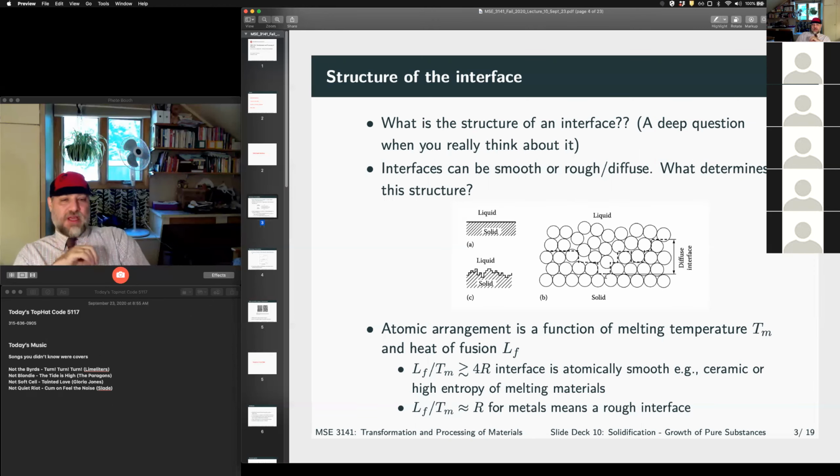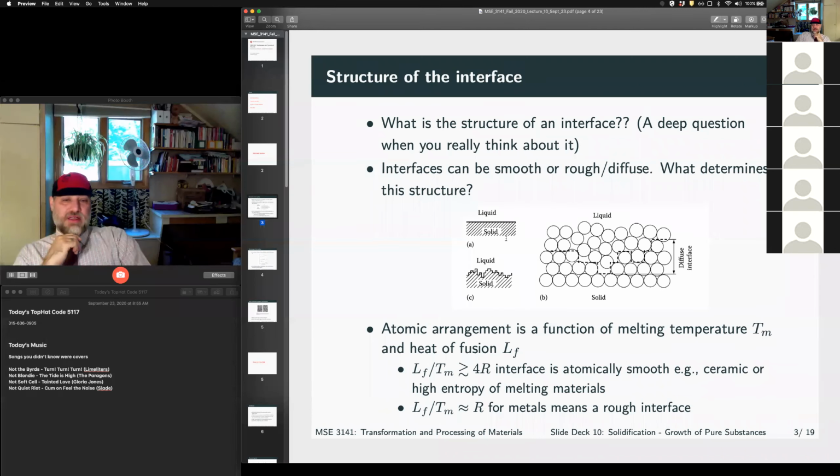But so for liquids at the first level, we can think about some materials have very flat, planar solid liquid interfaces. Some materials have these rough or diffuse solid liquid interfaces, right?